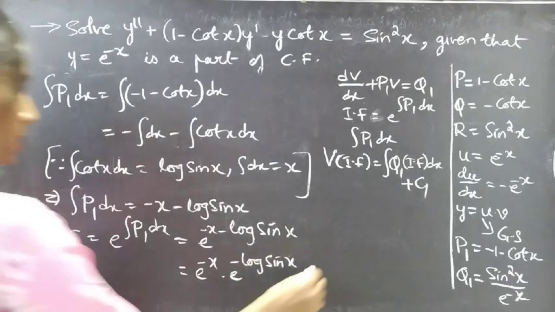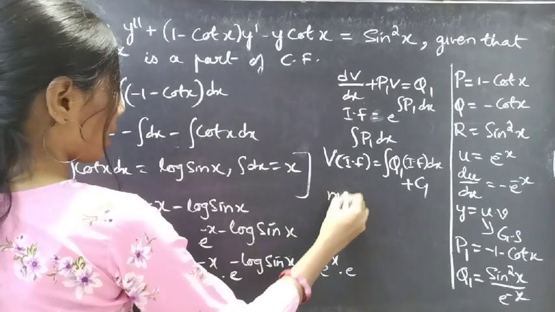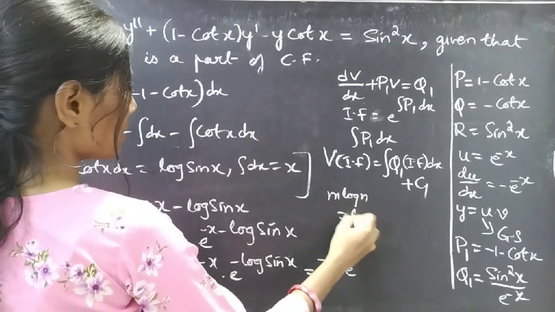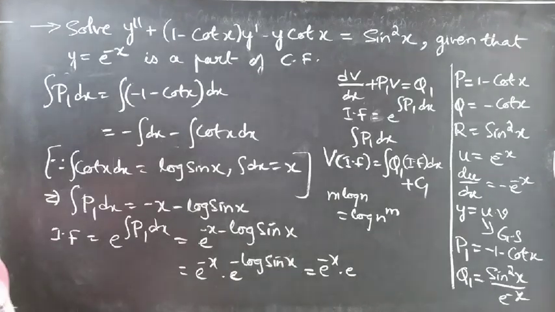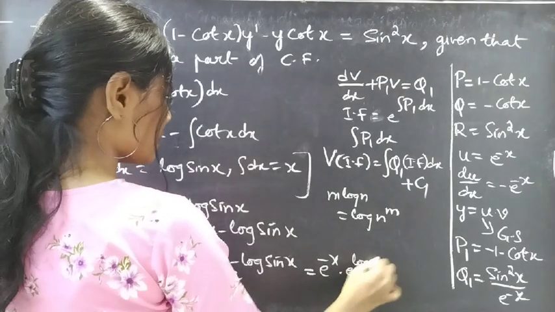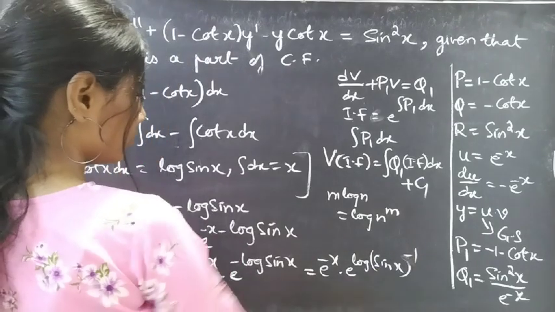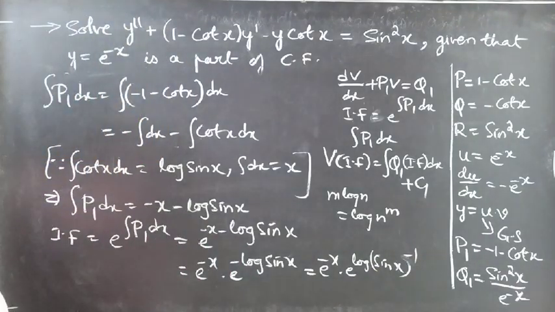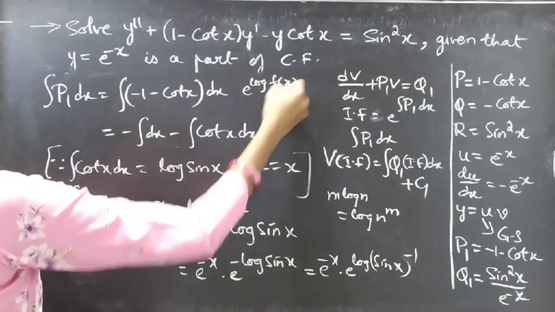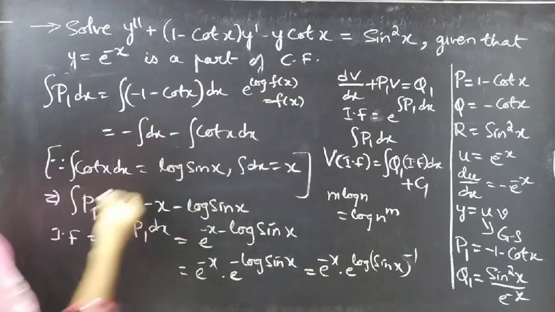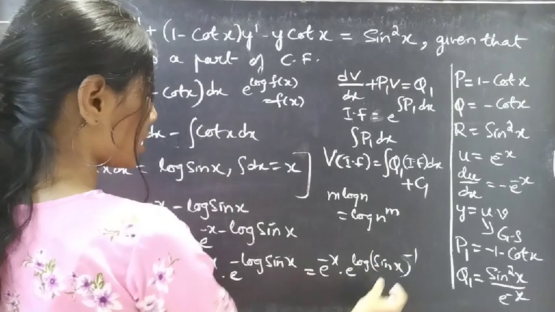Again we can split this as e power minus x into e power minus log sin x, right? We know that m log n can be written as log n power m. Then we can write minus log sin x as e power log of sin x whole inverse. And also we know that e power log of some function of x equals the function of x.